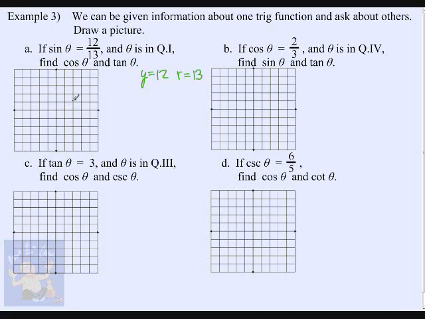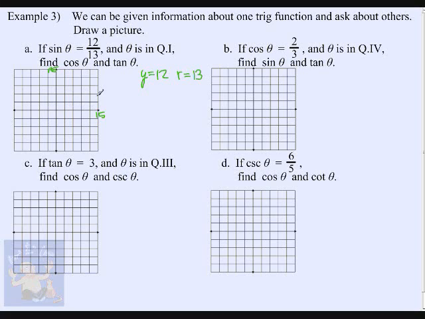Y equal to 12. Well, let's say that each of these are 3, so I've got a 3 by 3. That would make this 15 and this 15. I'll mark it so we know.